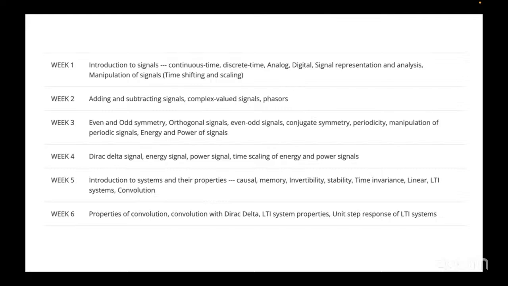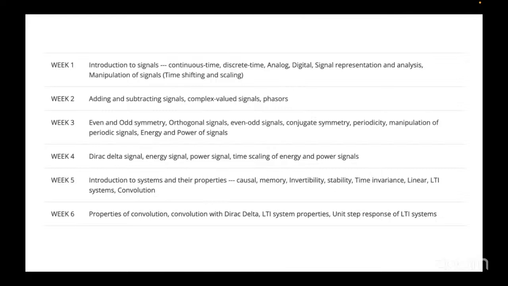In the first 4 weeks, mostly we'll be dealing with signals only, like operations on signals, like adding and subtracting signals. Then we'll be dealing with phasors, and then the different types of signals, like odd and even signals, orthogonal and conjugate signals.